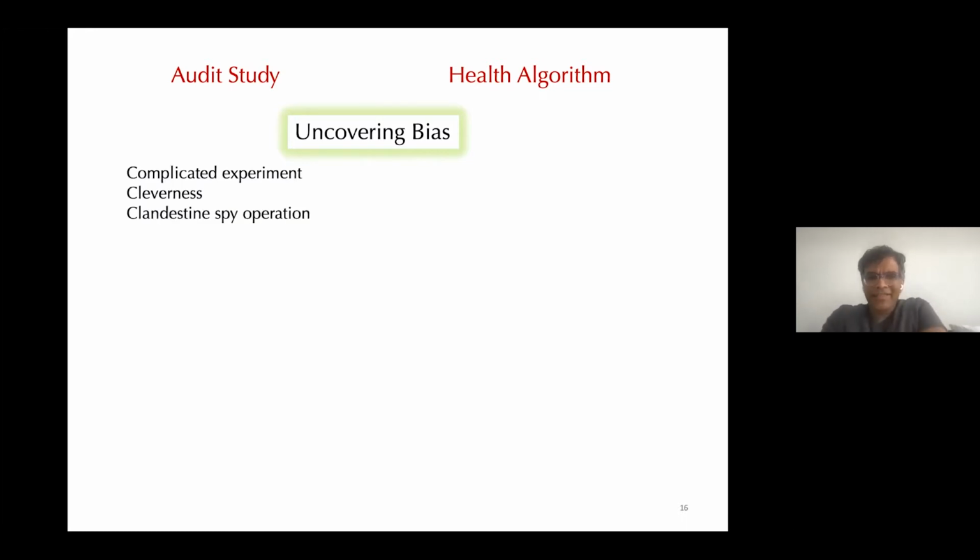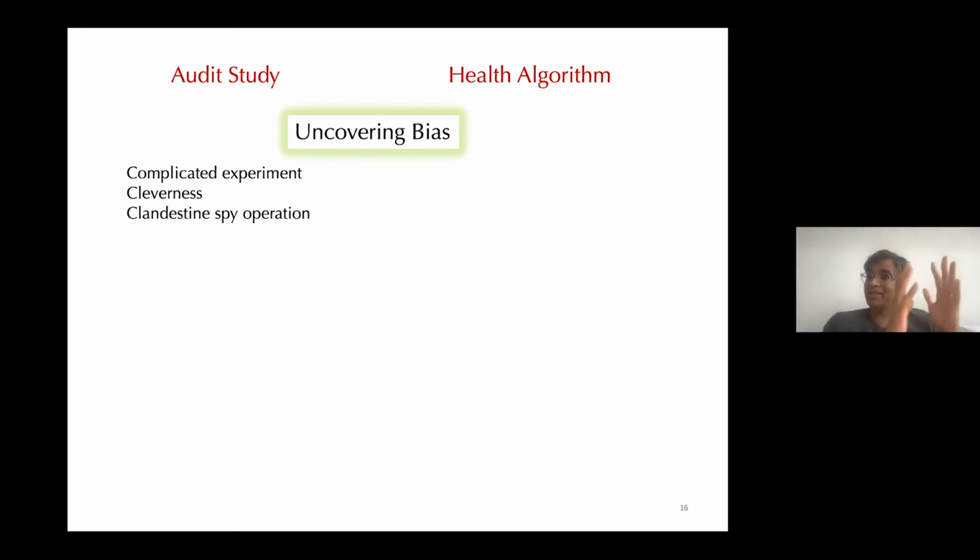In the audit study, I feel a little stupid putting the word cleverness here, but let's say that it was a complicated experiment. It was akin to a clandestine spy operation. You basically had to send out a bunch of resumes. You had to look for callbacks. Figuring out that there's bias going on here was this enormously contrived, complicated affair. And frankly, it's limited.